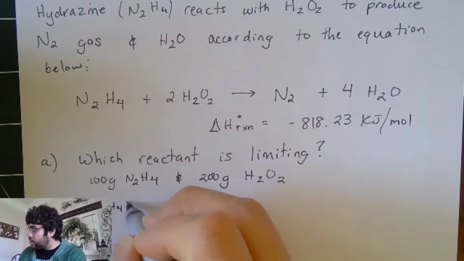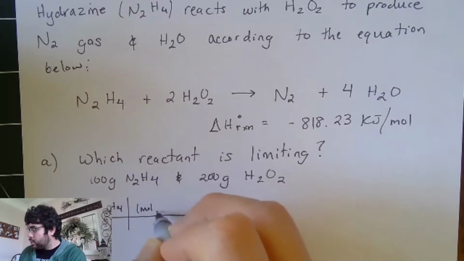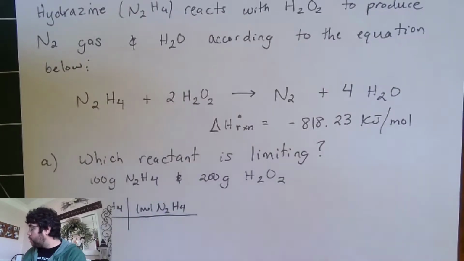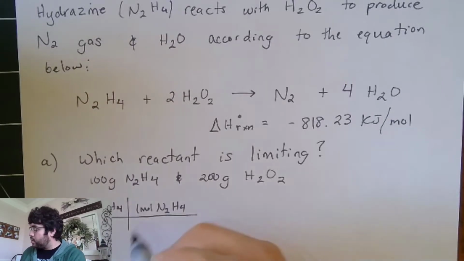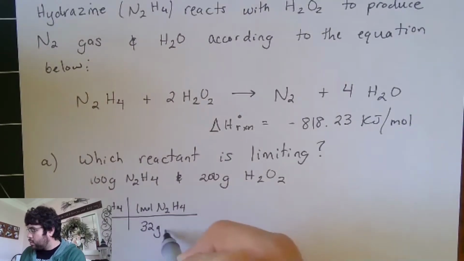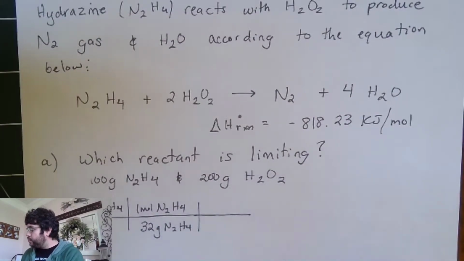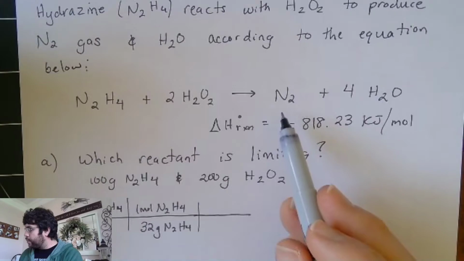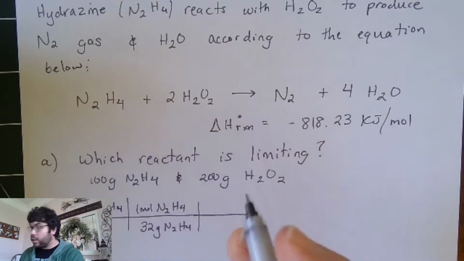So we'll start with this N2H4, convert to moles. Molar mass of this compound, I'll just round it. So nitrogen is 14, hydrogens are 1, so it's 28 plus 4, so 32. And I'll go to N2. So the ratio between those is 1 to 1.